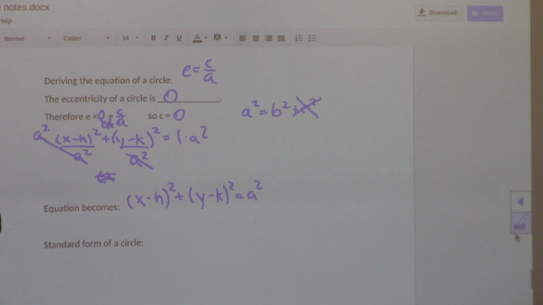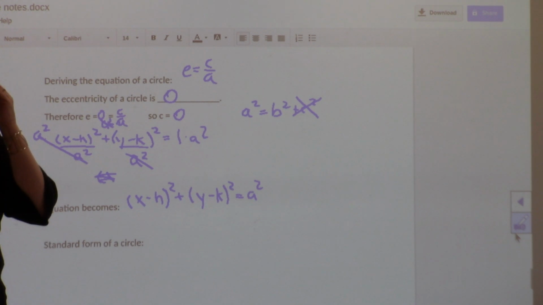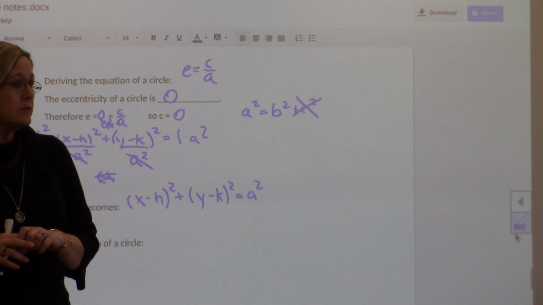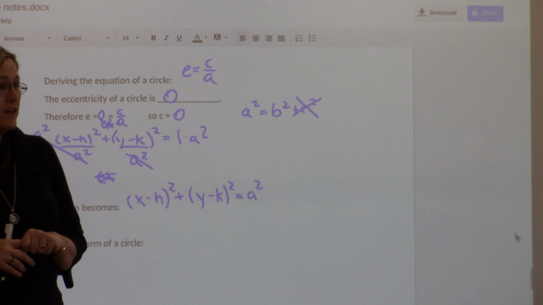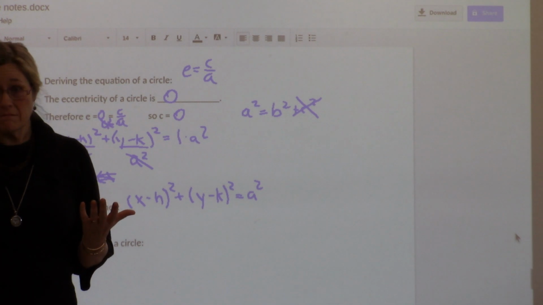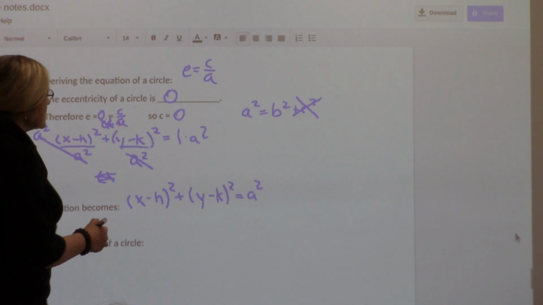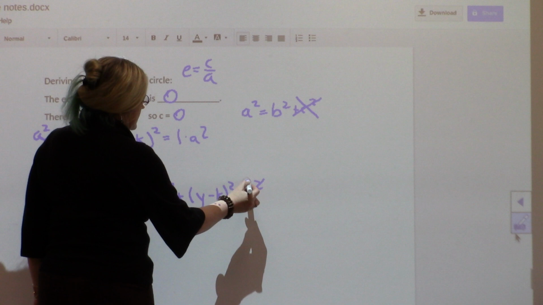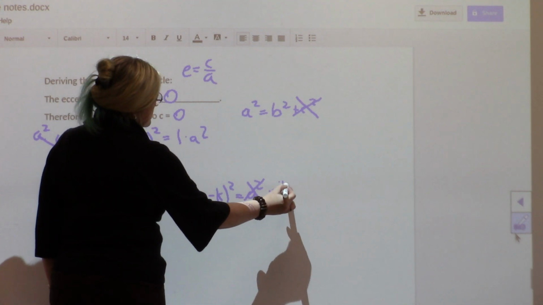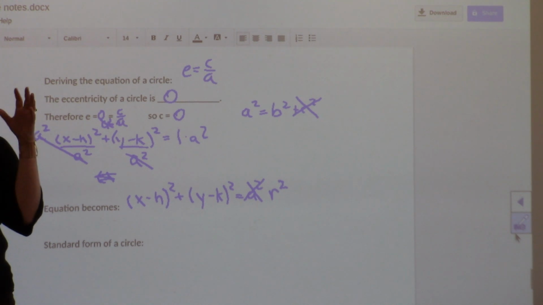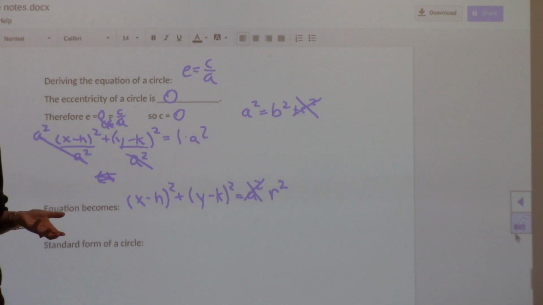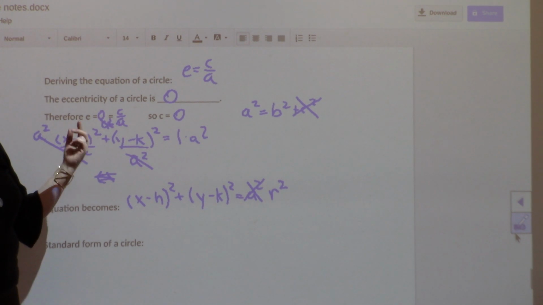And what does a represent? From the center to the vertex. Only for a circle, that's the radius. So instead of writing a squared, we write r squared. That is where the equation of the circle comes from, and that's why we have r squared there instead of a squared.